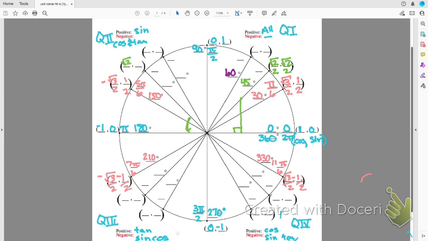Square root of 2 over 2. Negative what? X. So negative cosine, right? And then our next one, we got what again? Negative square root of 2 over 2 and? And my next 45 degrees? Square root of 2 over 2 and then negative square root of 2.